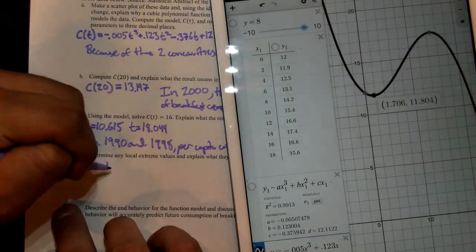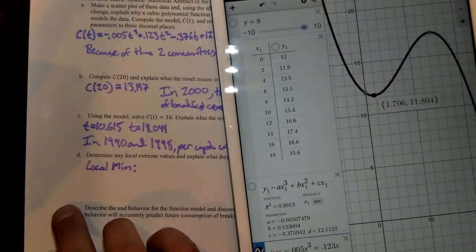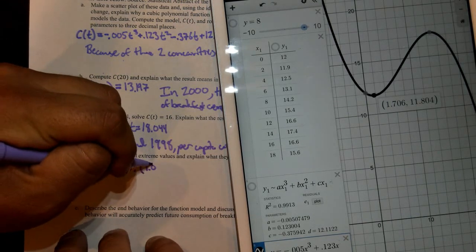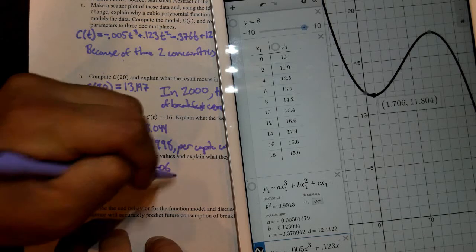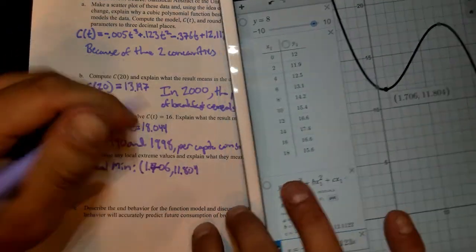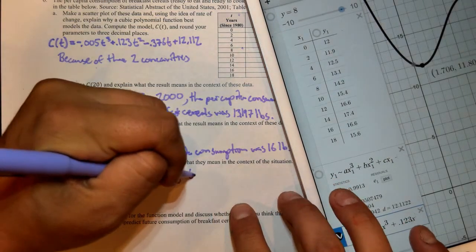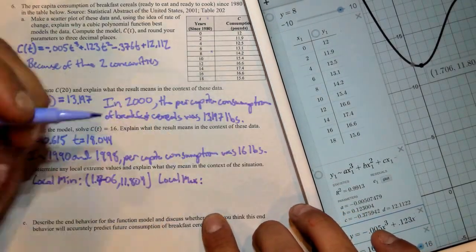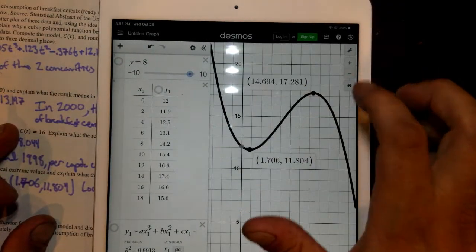So local min is going to be at 1.706, comma 11.804, and then we have a local max at, well, this point up here.